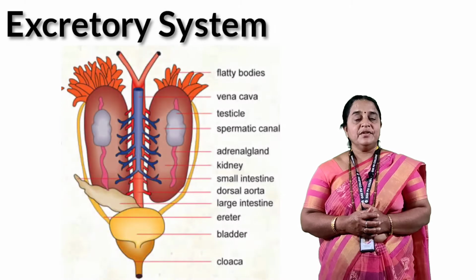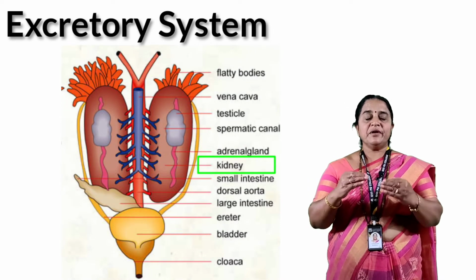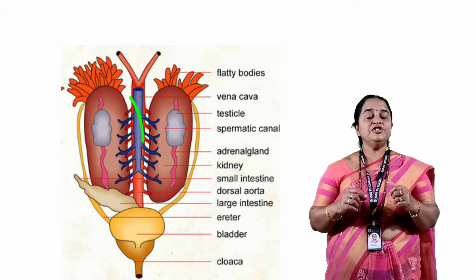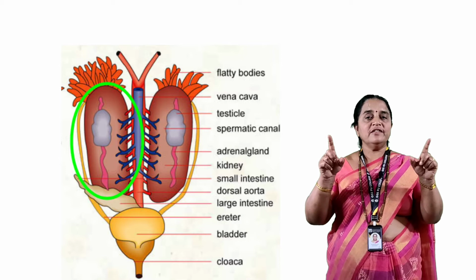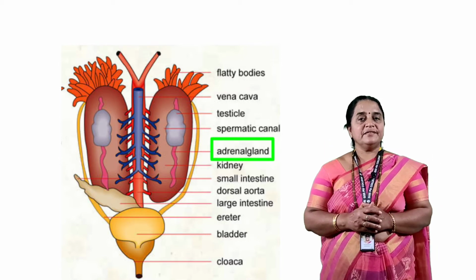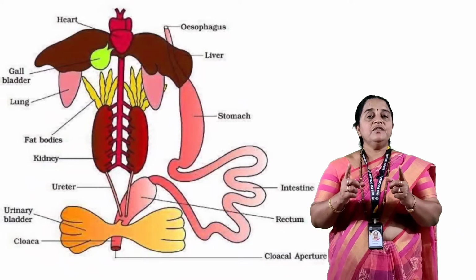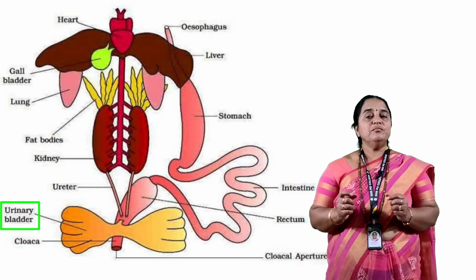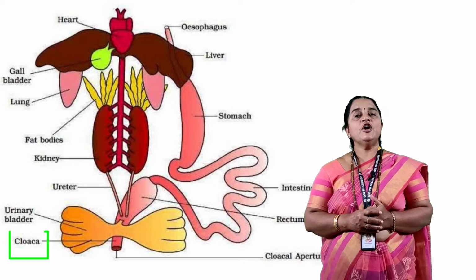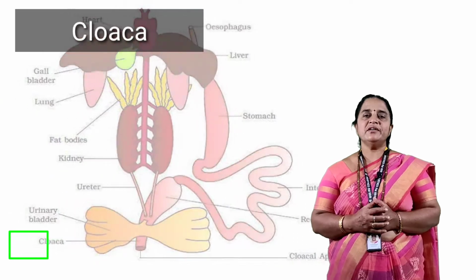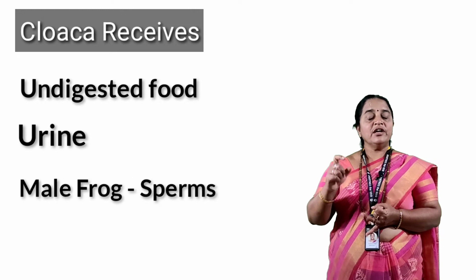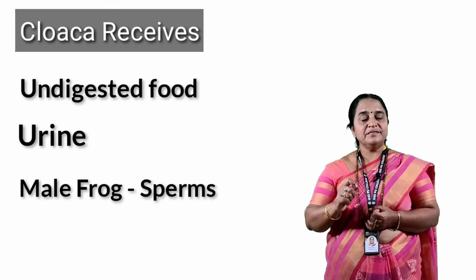Coming to the next, excretory system, which comprises paired kidneys present in the lower abdomen. Comparatively, these are big kidneys, bean-shaped, having the fat bodies with adrenal gland at the apex. Kidney gives a ureter, so a pair of ureters open into the bladder, and both open into the cloaca. So cloaca is a common chamber receiving undigested food, receiving the urine, and in the male frog receiving the sperms.